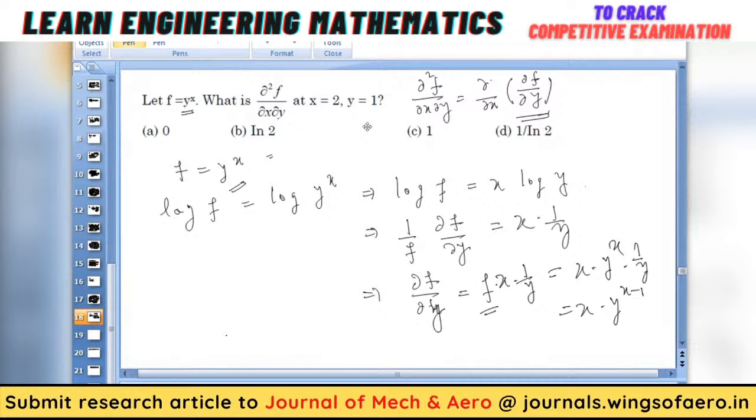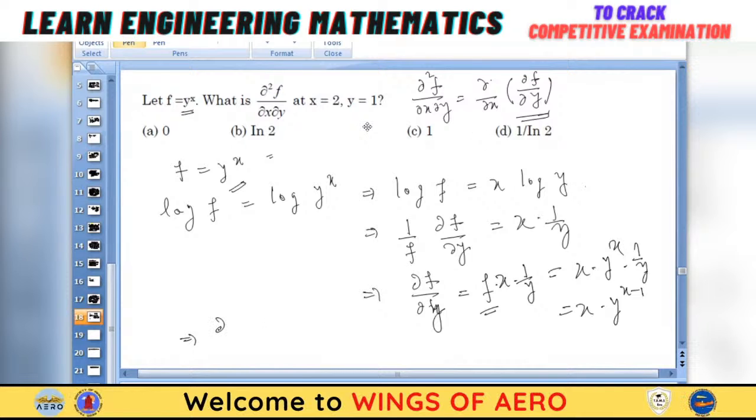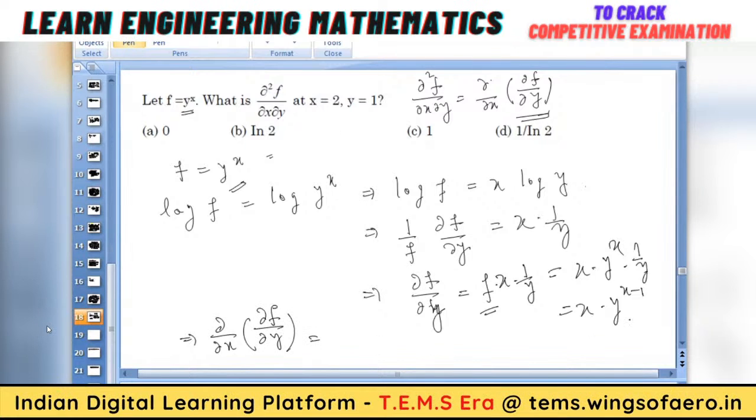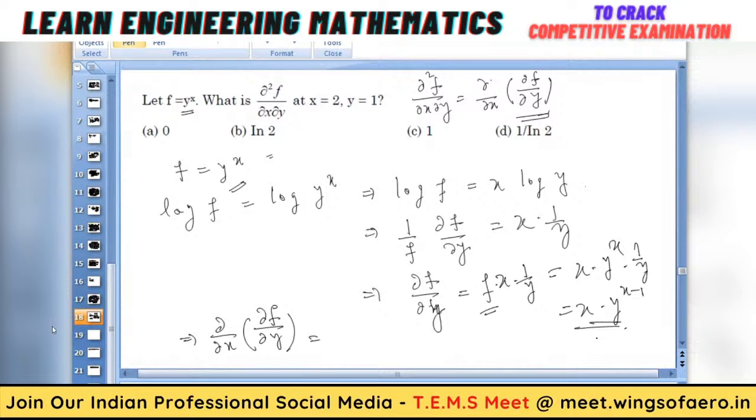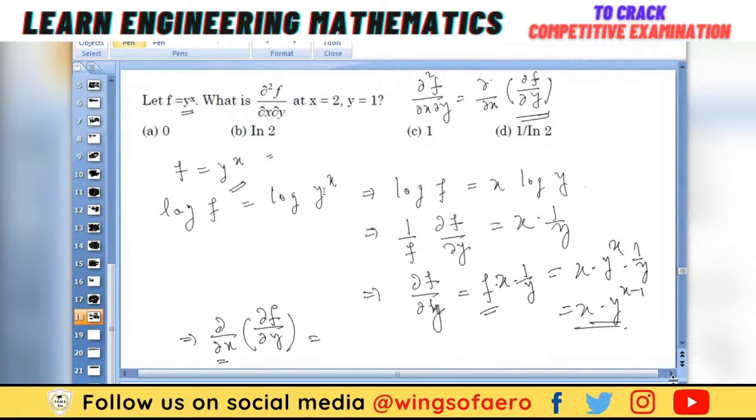Okay, now take the second derivative. Second derivative means now it is with respect to x: del x of del f del y. Now just use the UV rule. Take x as u and y as v. Del x means x is the variable, y is the constant here.